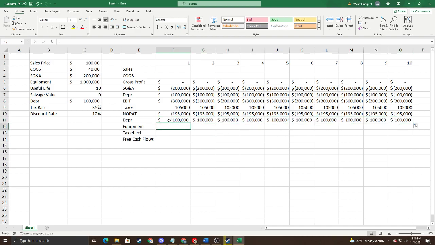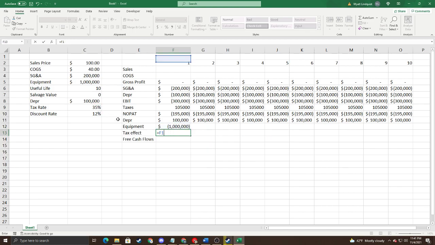And actually, for now, I think we should probably stop. And actually maybe go back. But it's a little too late for that, so I guess we're going to do part 2 first. So we're going to subtract the equipment cost in year 1. We're going to get the tax effect of that equipment purchase.